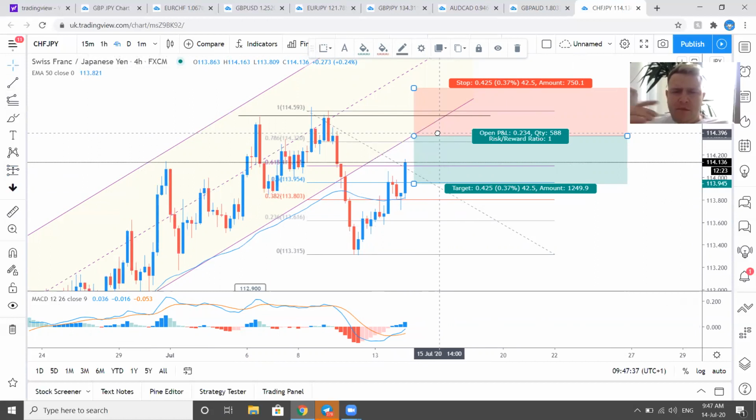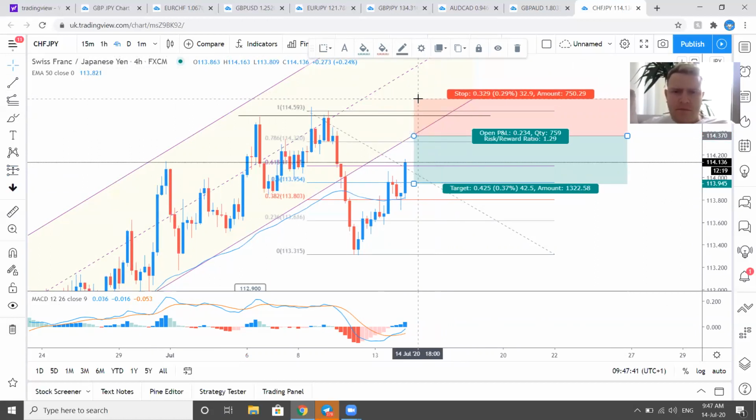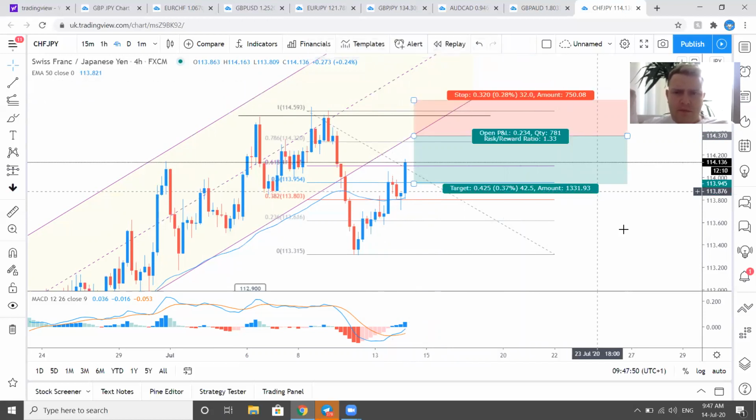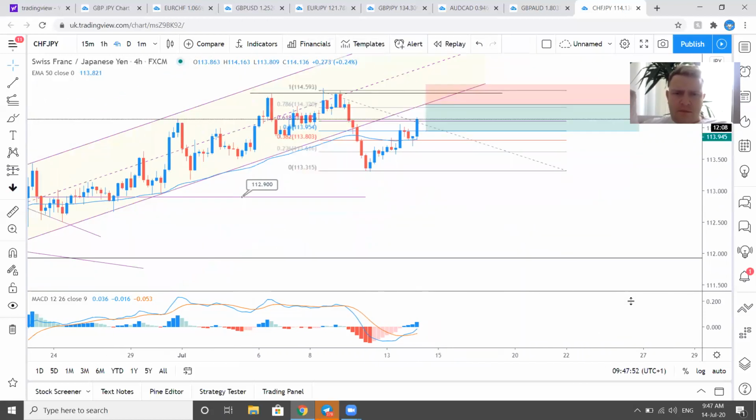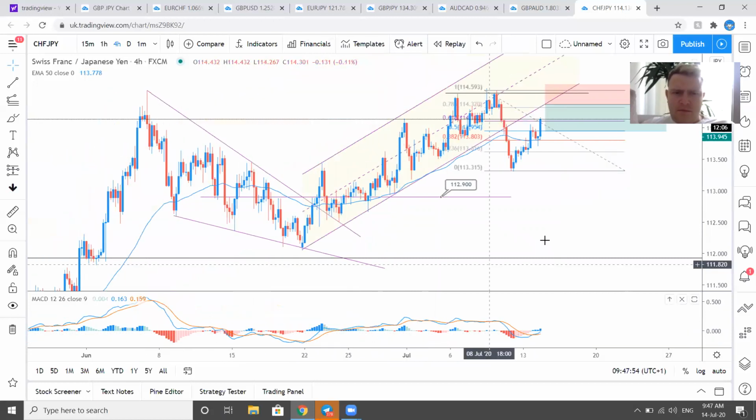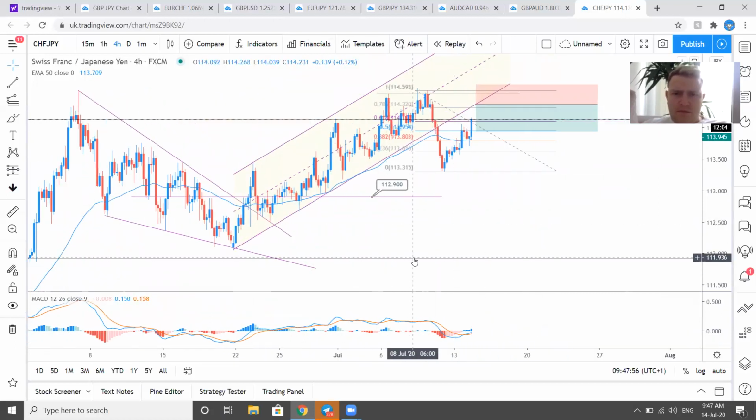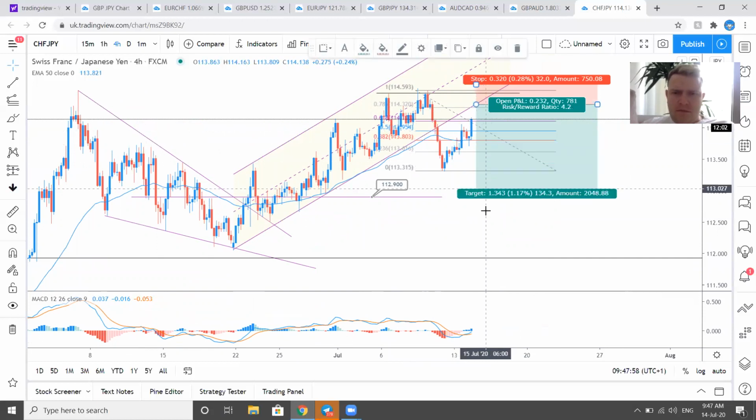So let's say we're looking at here. Our stop loss is going to need to be about 32 pips. But we've already worked out that our take profit sits just above this level.